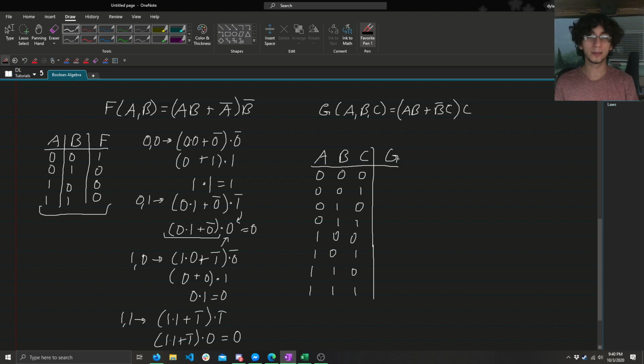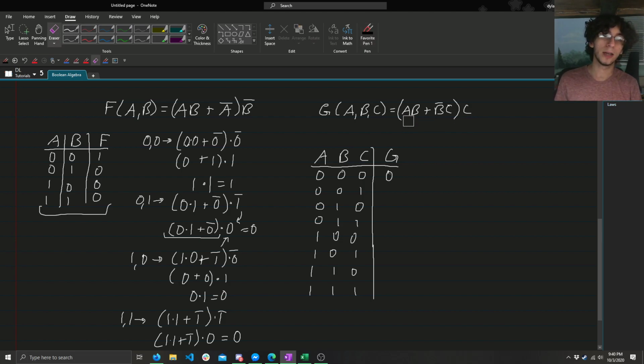Now, let's look at G. So if we have 0, 0, 0, I'm going to plug all this in all at the same time. So I wrote it on the left, but you guys can follow along on the right. If I take this 0 and plug it here, that's going to be a 0 because anything ANDed with 0 is 0. Next, if I plug a 1 in, that becomes true. So now it's dependent on what's on the inside.